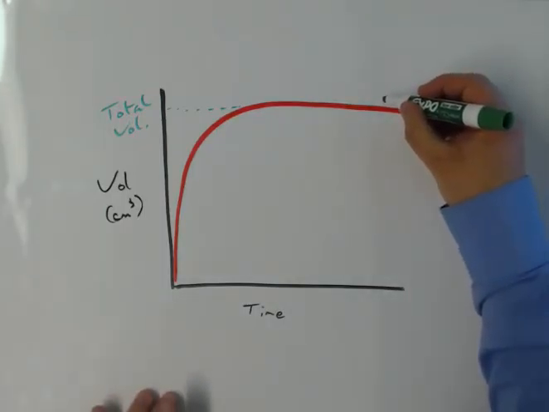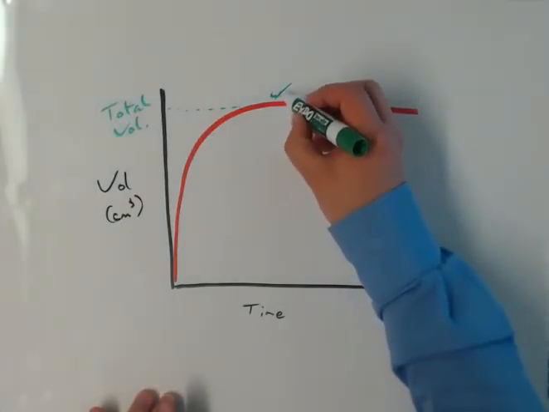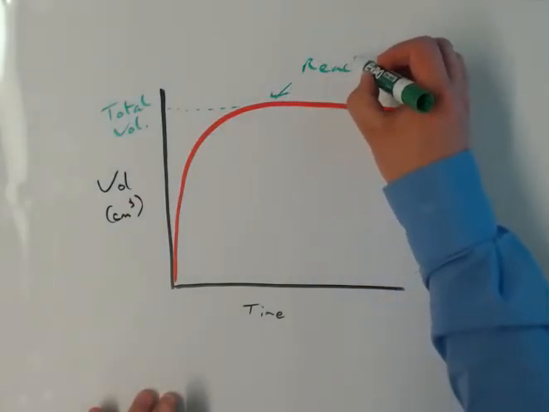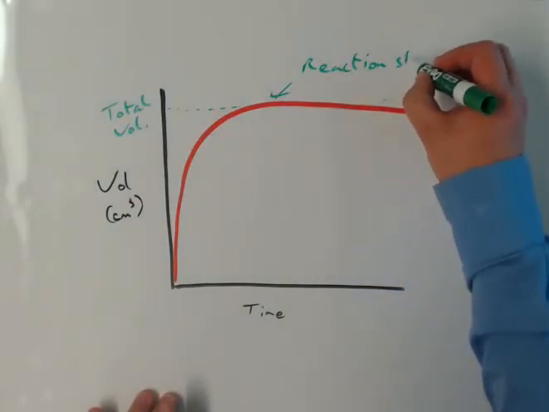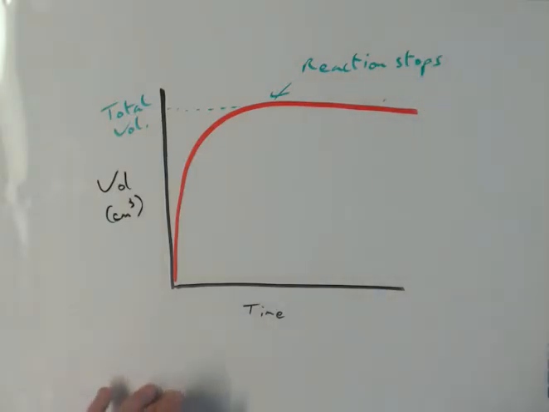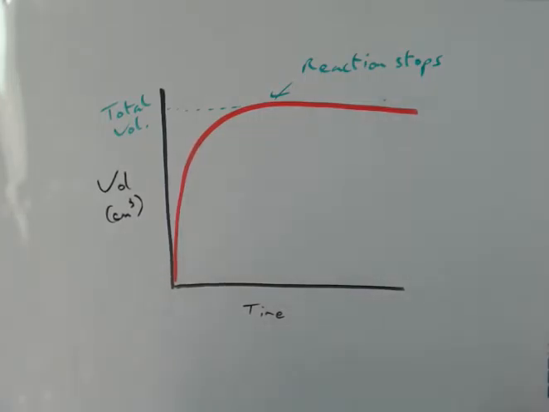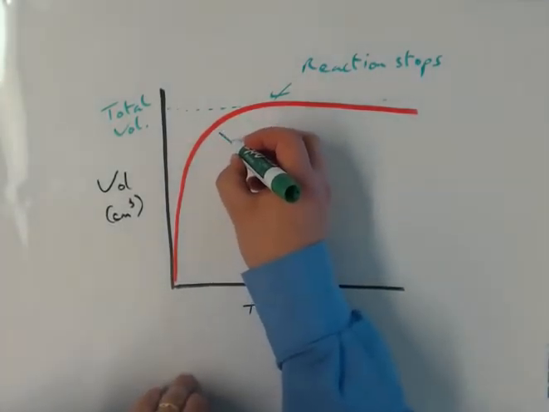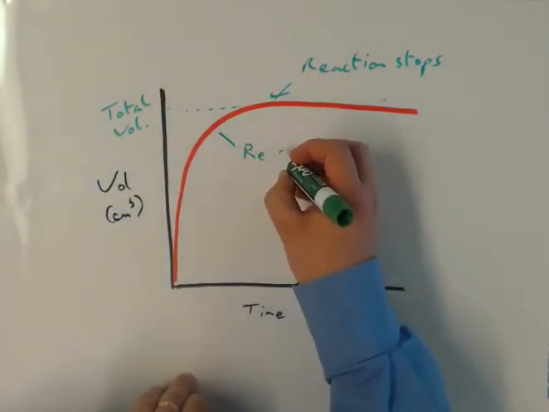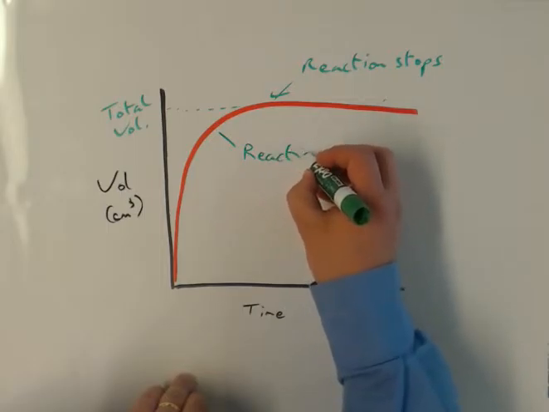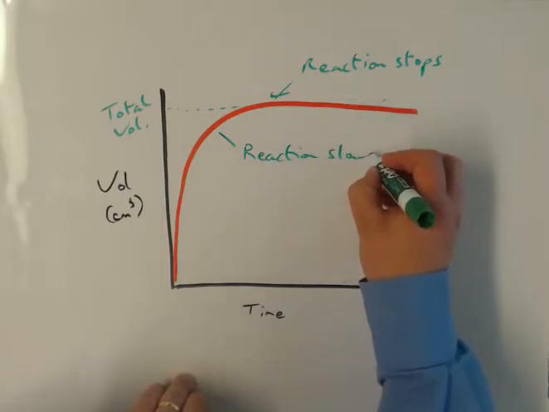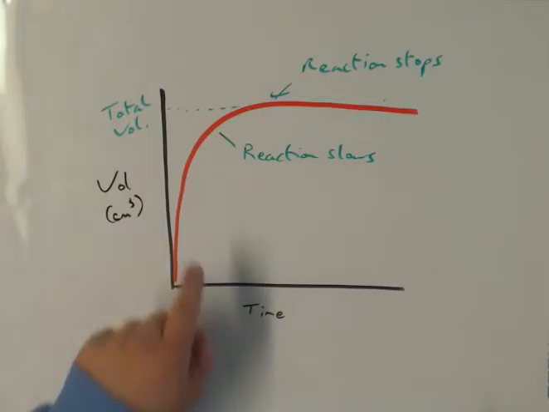Here, well, here really, the reaction has stopped because that is where the line flattens off. Here, the reaction is slowing down because we're using up our limiting reactant.